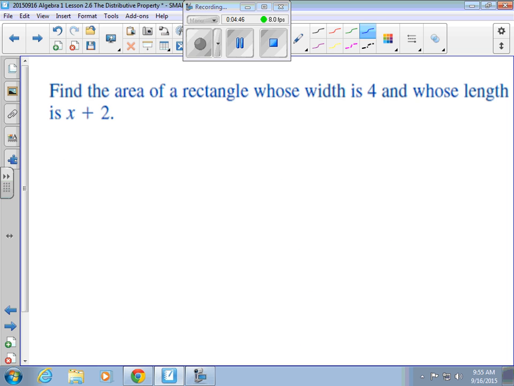On the back, do this one. Find the area of a rectangle with width 4 and length x plus 2.